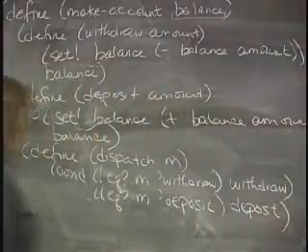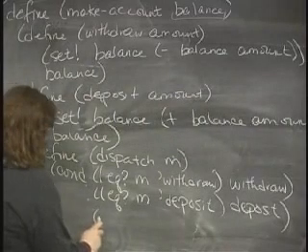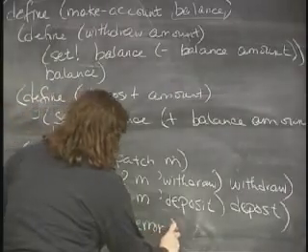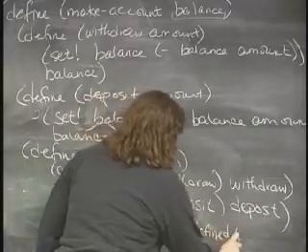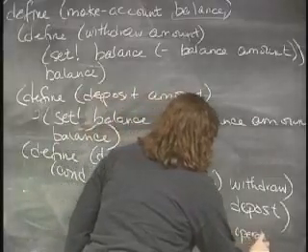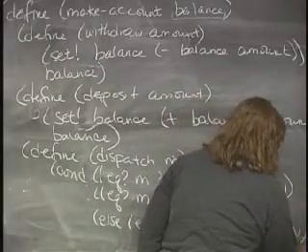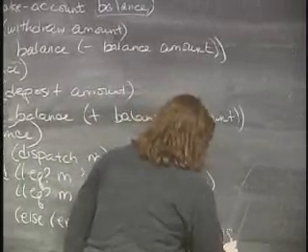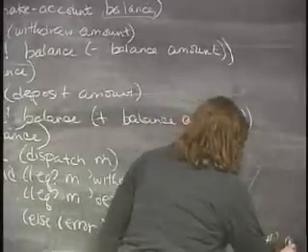And if it's not equal to one of those two, then the user's told me to do something I don't know how to do. So I'm going to return an error. So I could say undefined operation. I should say dispatch. Dispatch M.